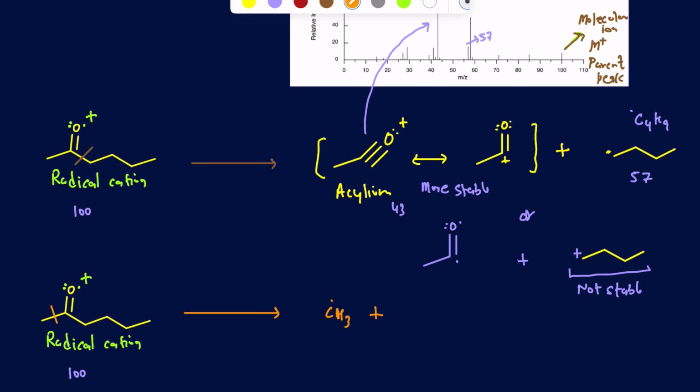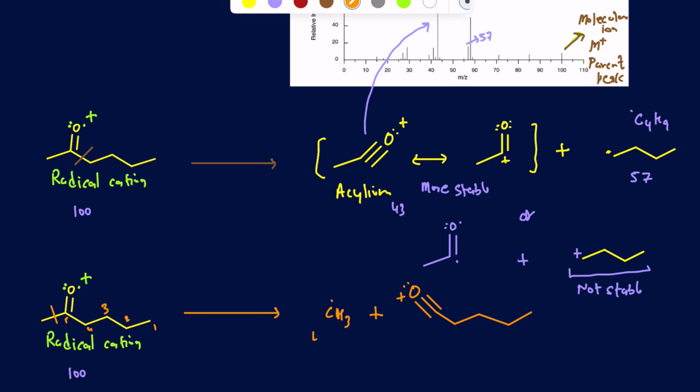And then what's left behind as an acylium ion, I'm going to draw the carbon here with technically a triple bond. So that's going to be 1, 2, 3, 4, 5 carbons. And then obviously you would have a positive charge. So that's an acylium ion here.